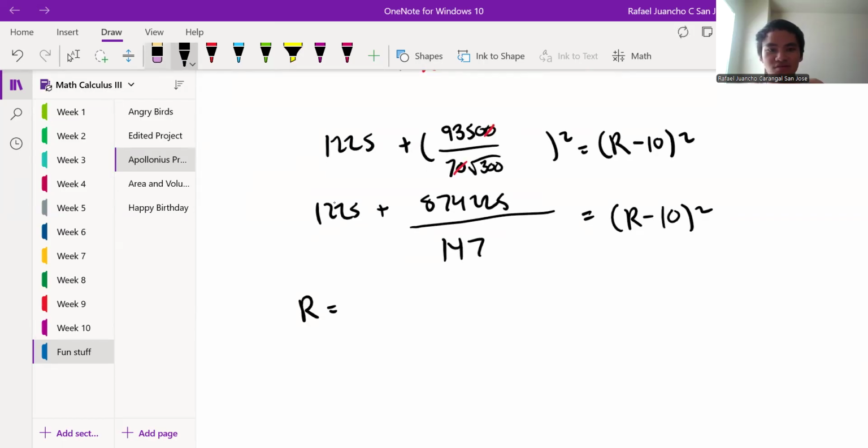So I get, or let me do 147. This is 180075 plus 874225105, 1054300.